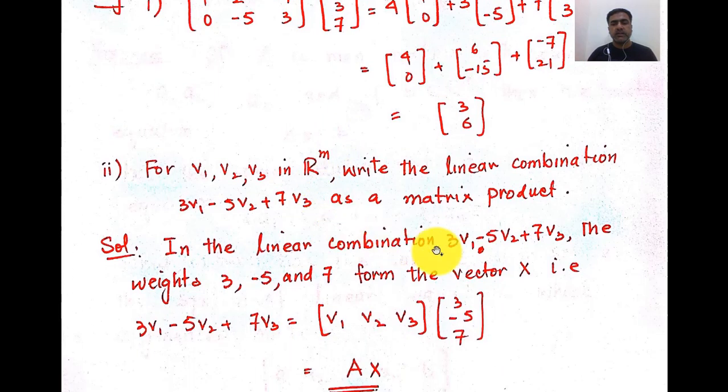In the linear combination, 3, minus 5 and 7 are the weights that form the vector x. So 3v1 minus 5v2 plus 7v3 equals the matrix with v1 as the first column, v2 as the second column and v3 as the third column, times the vector with entries 3, minus 5 and 7, and hence I have this matrix equation Ax.